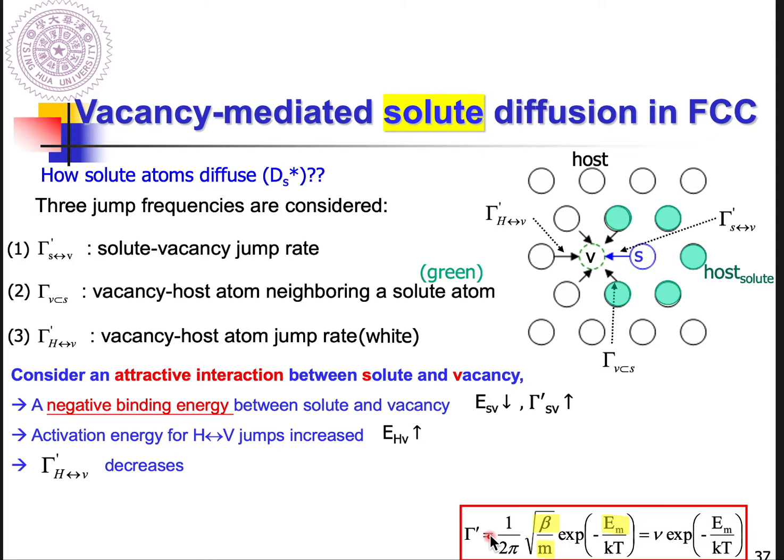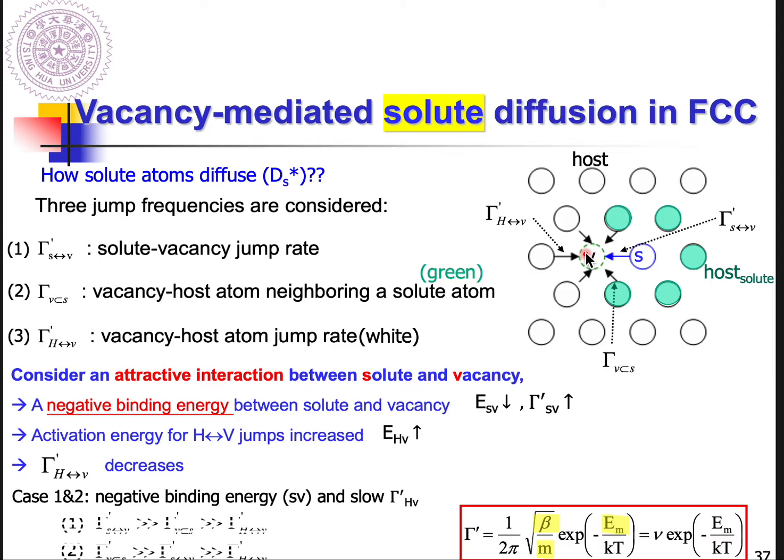So now we know there are two important assumptions. First, there's a negative energy, an attractive interaction between solute and vacancy, so they can be considered as a pack, a group. And the second assumption is the jump rate of host atoms jumping into the vacancy is quite small or quite low. Based on these two assumptions, there are two possible cases we are going to discuss.